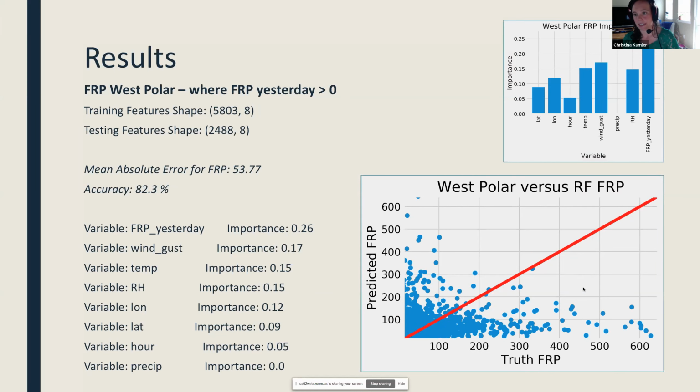And we start seeing a greater importance on the meteorological variables that are also included within the model. We also notice that again, when that truth FRP gets higher, the random forest model tends to greatly underpredict your polar values. And this might be just because of the time gaps between polar data.